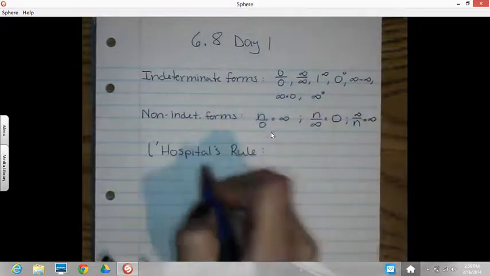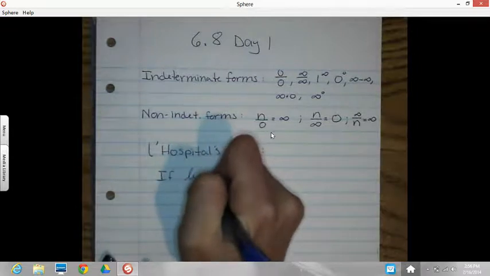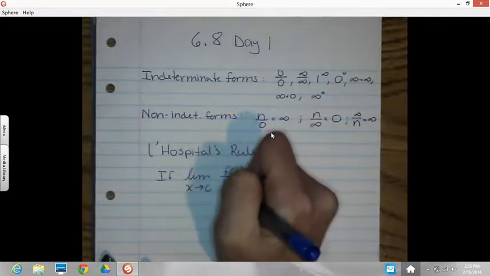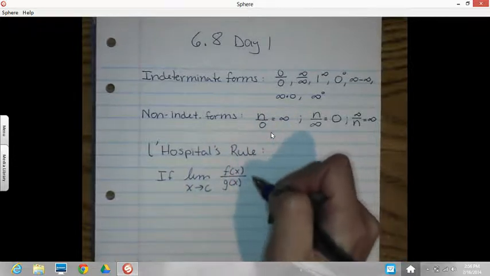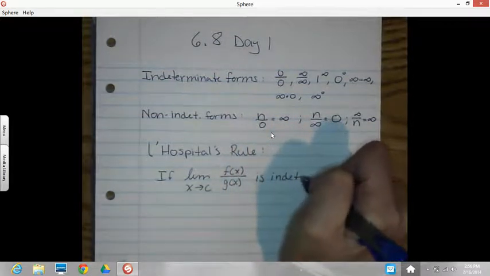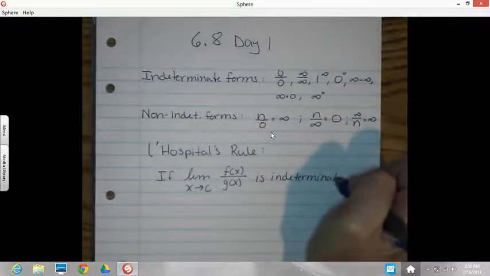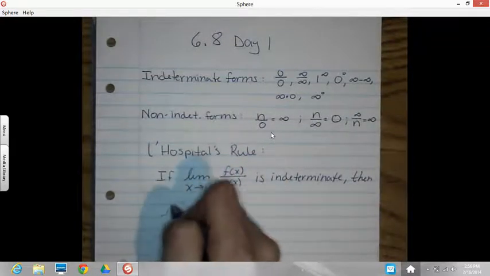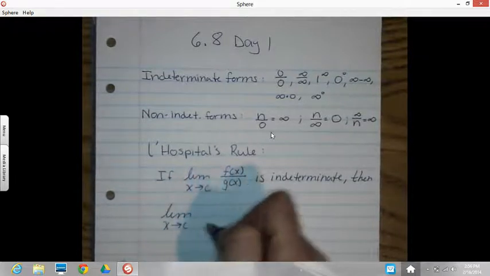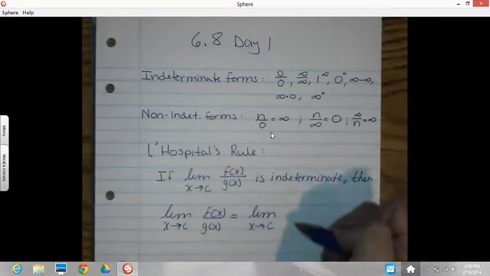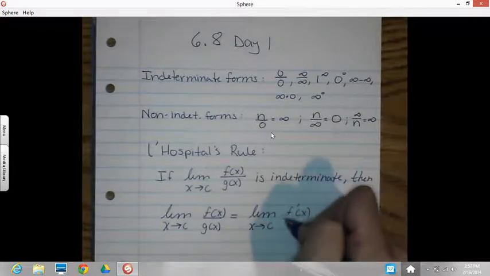And what he said was, if the limit as x approaches c of a function divided by another function, so you have a fraction, takes on an indeterminate form, then this limit as x approaches c of f of x over g of x will equal the same limit as x approaches the same c of f prime of x over g prime of x.